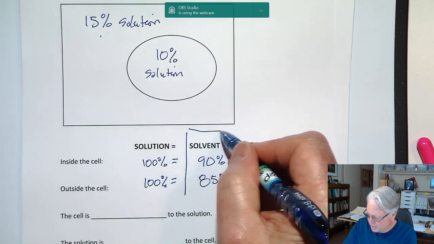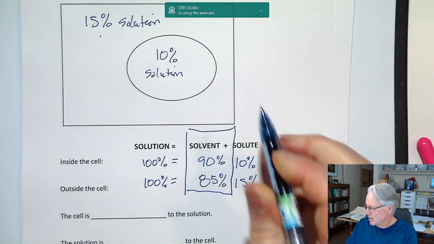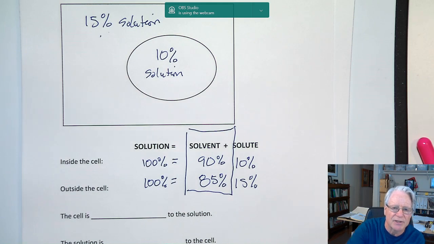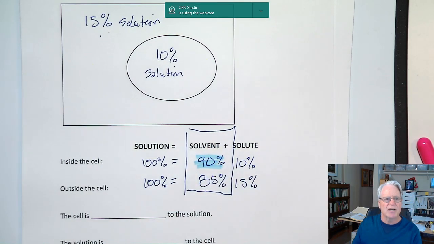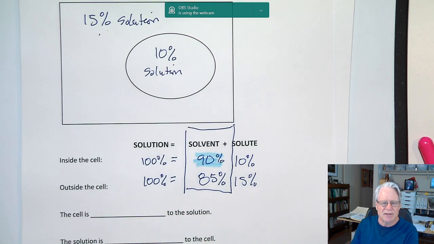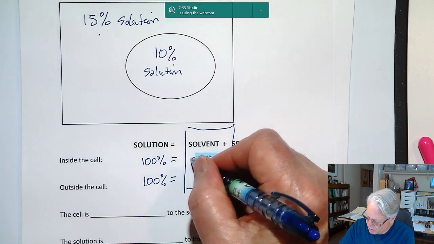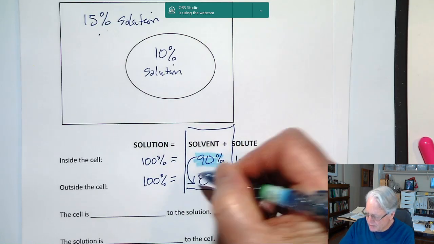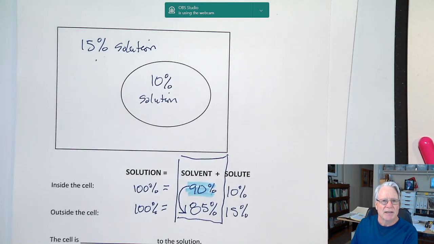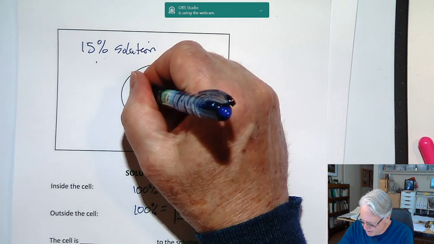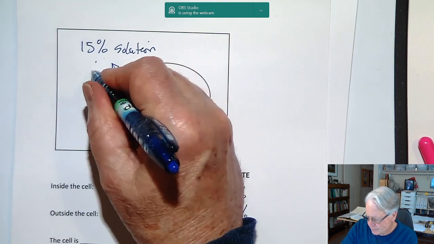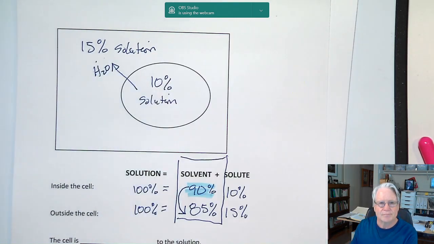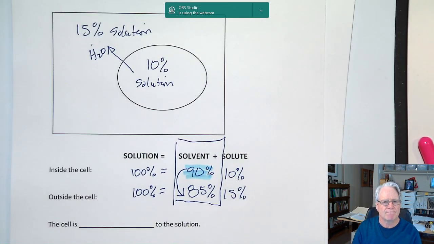Is there a difference in concentration? As you can see, there is a difference in concentration. I have a greater concentration there on the inside of the cell than on the outside of the cell. So where is water going to move? It's going to move from inside to outside.